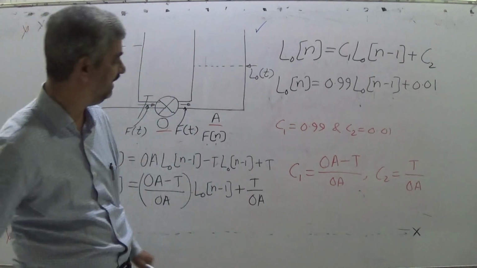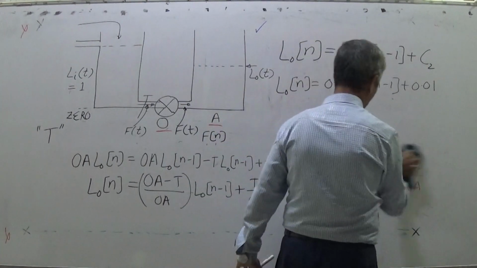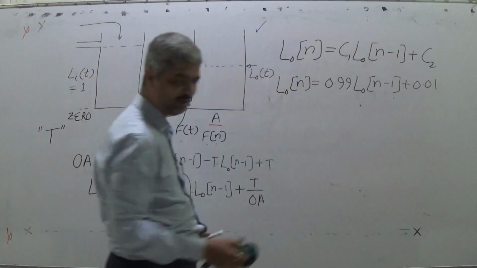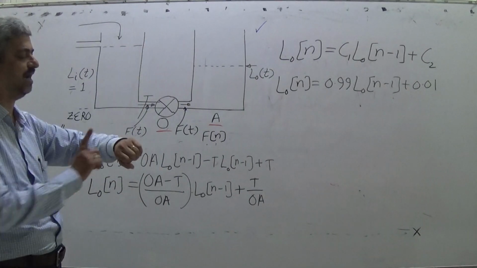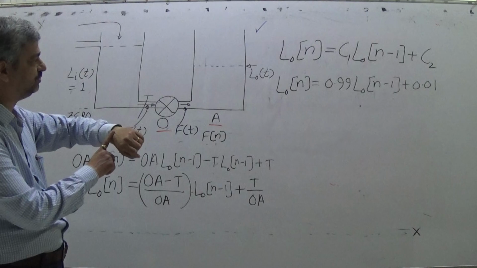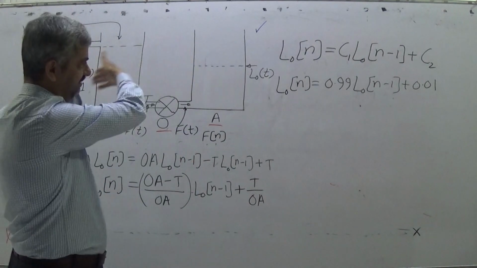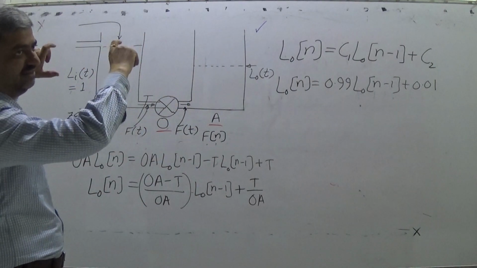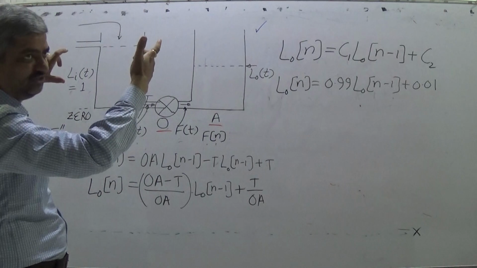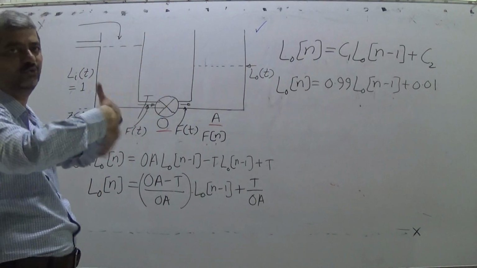So simply if we start, what is LO1? That is when we open the stopper. We open the stopper and start a stopwatch. You can have the system of actual tank, you can have a mobile, and you take snaps at every second. These will be your LO0, LO1, LO2, LO3 and so on.